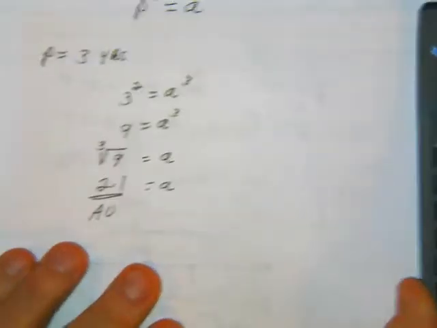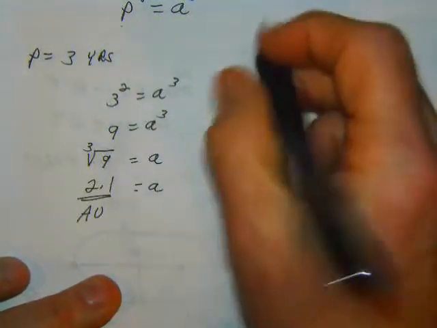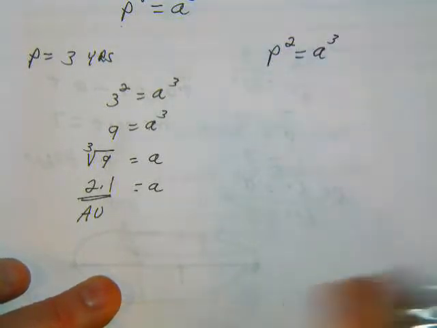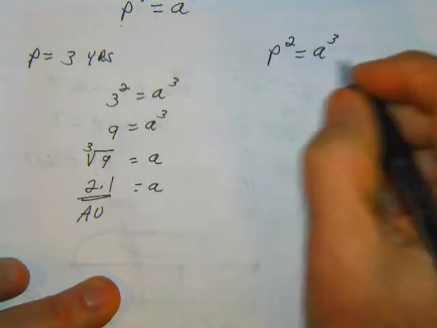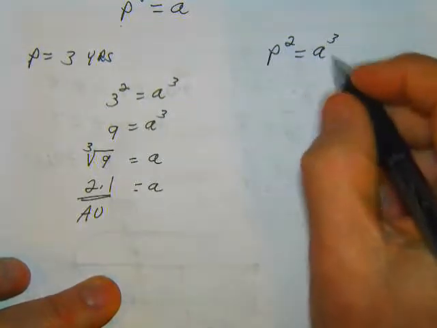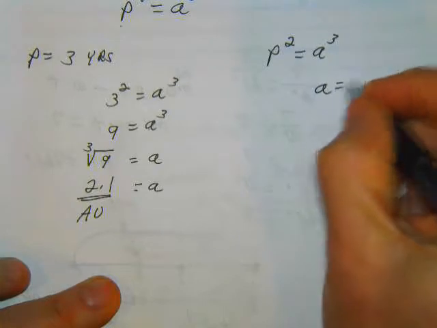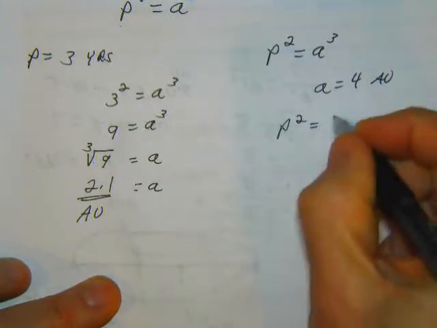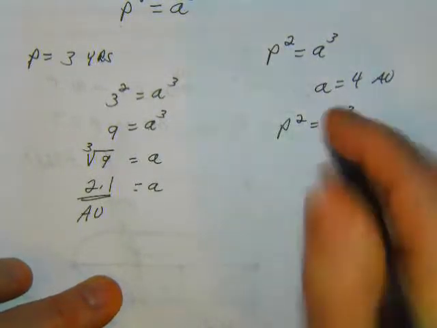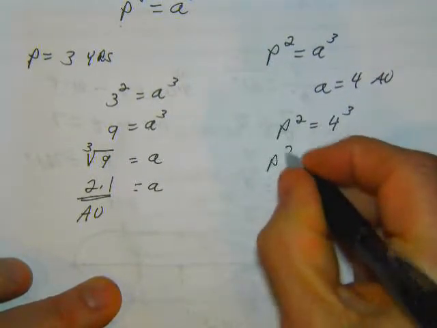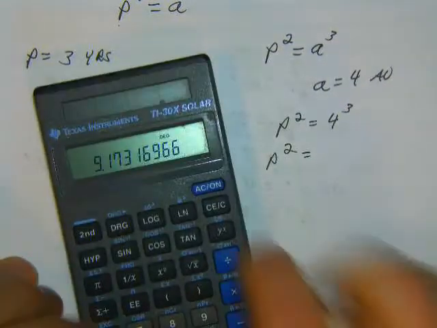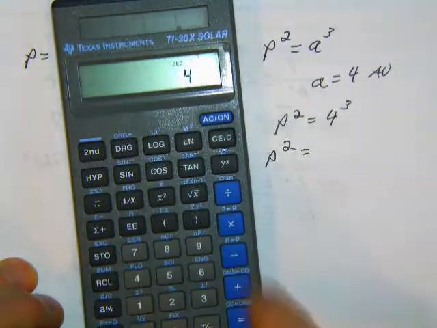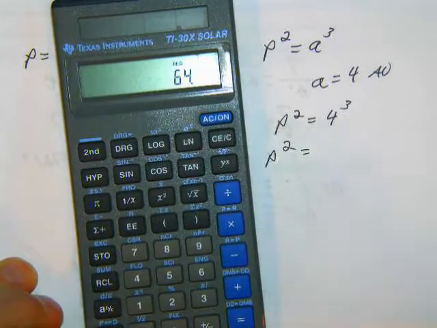Or you could go the other way. We still have the same formula, and let's say we were given a distance of A equals 4 AU. So we know P squared equals 4 cubed. So I'm going to go 4 times 4 times 4 equals 64.